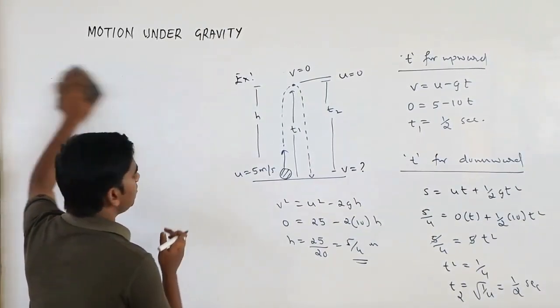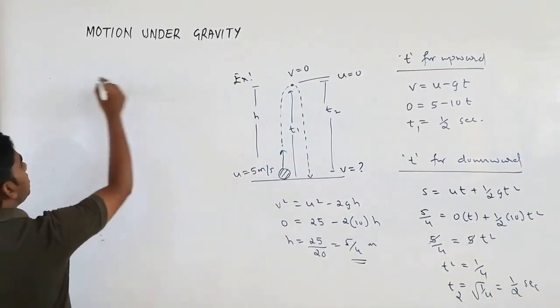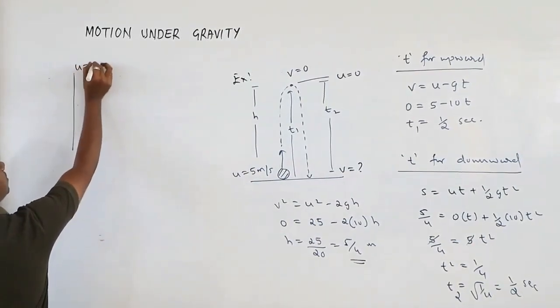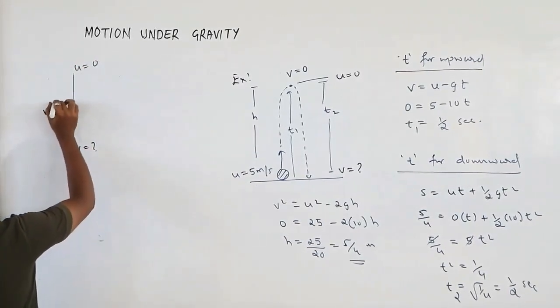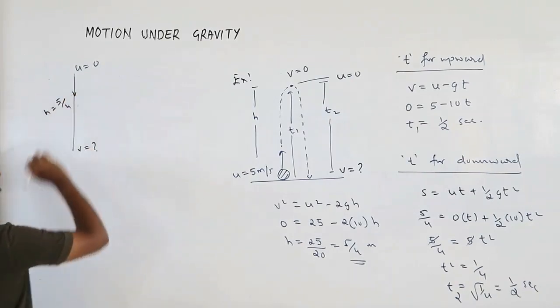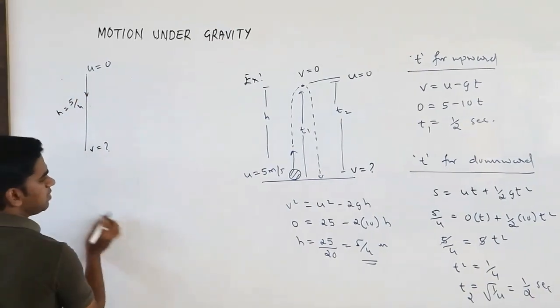Okay. So if you look at the upper point, u was 0. v you have to calculate. h is 5 by 4. So it is downward motion. So can I apply this formula? Which formula can we apply?